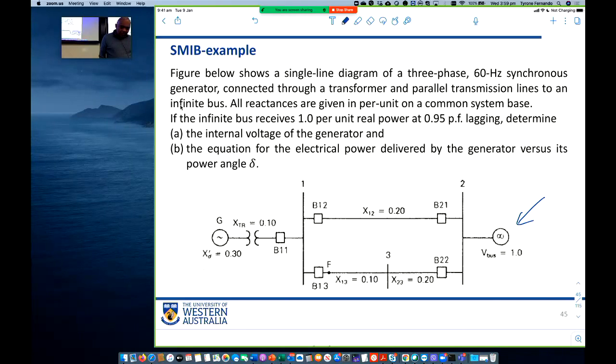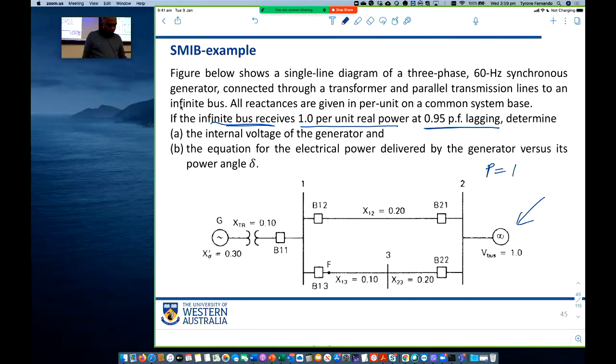The infinite bus receives 1 per unit real power at 0.95 power factor lagging. So P is equal to 1 per unit, at 0.95 power factor lagging, and the infinite bus is receiving that.